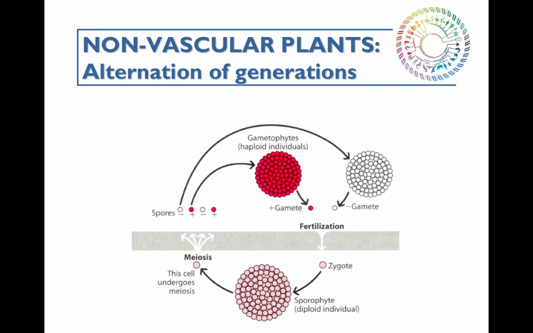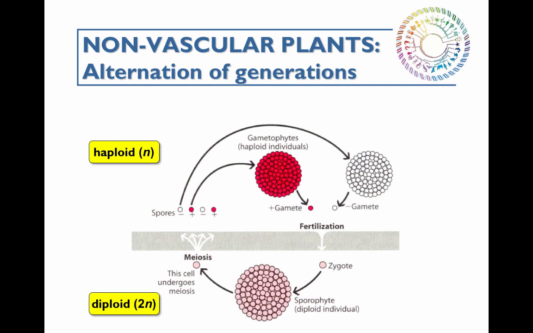Now, as true plants, all these non-vascular plants have alternation of generations within the life cycle. So just to remind you, this horizontal grey line in this diagram separates the life cycle into the haploid phase and the diploid phase.